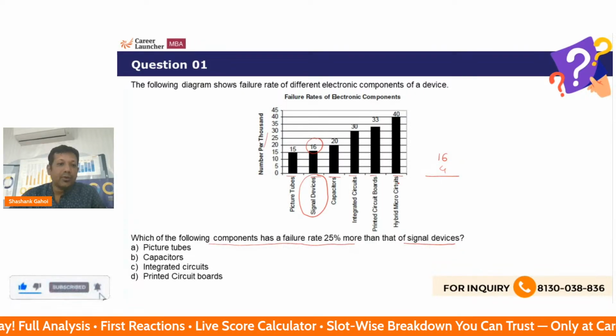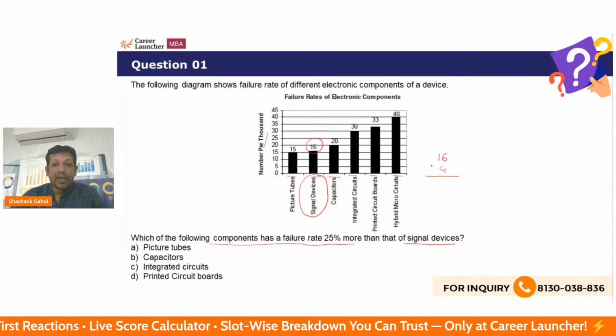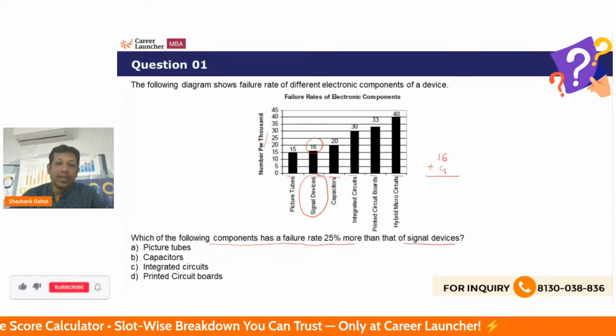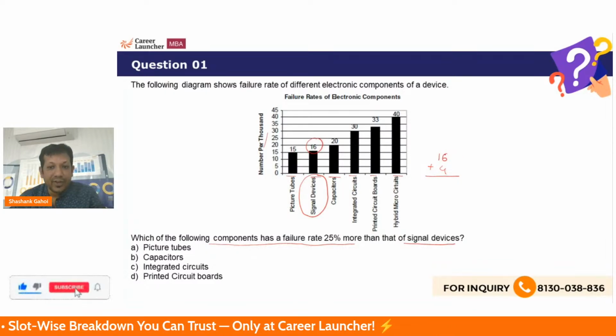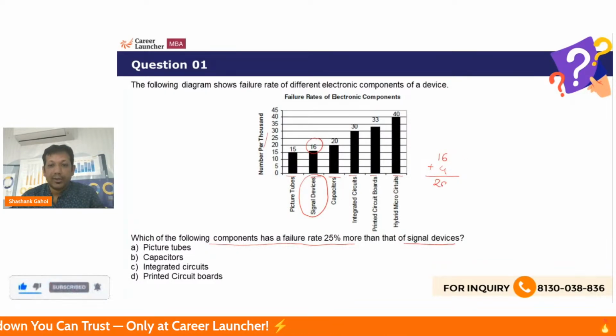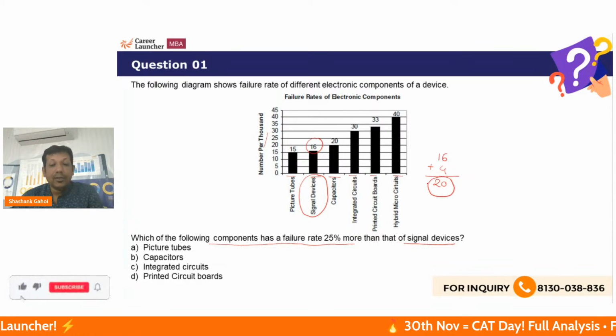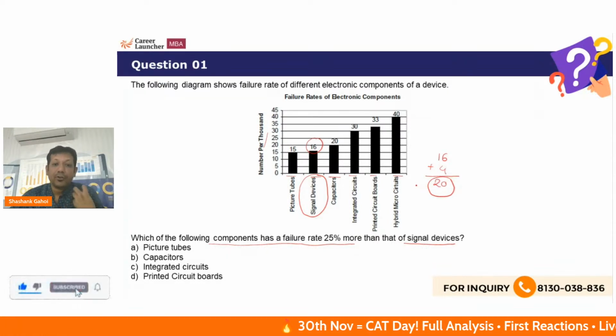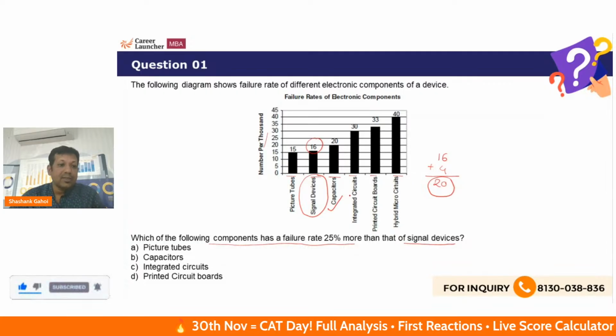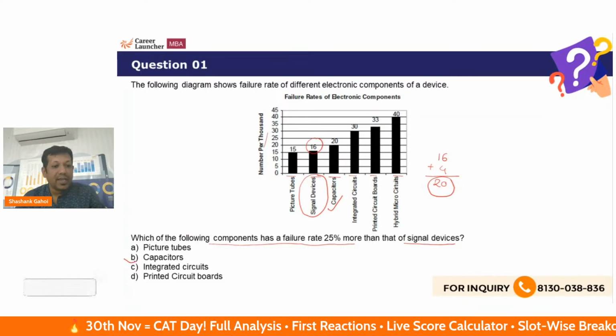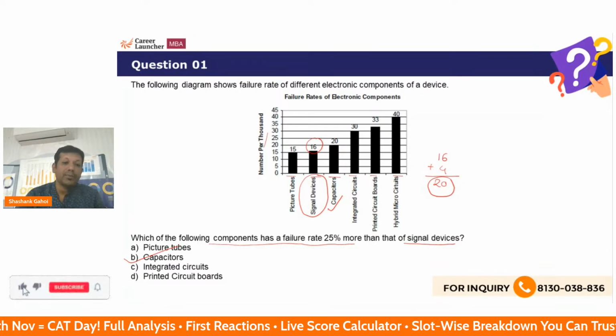So we are looking for a component that has a failure rate of 25% more than signal devices. That is going to be 20. So which device has a failure rate of 20? That is capacitors. So the answer of this question is directly going to be option B, capacitors.